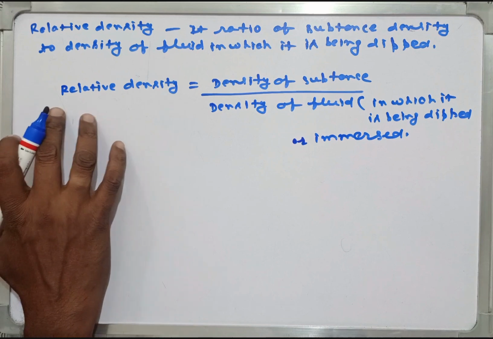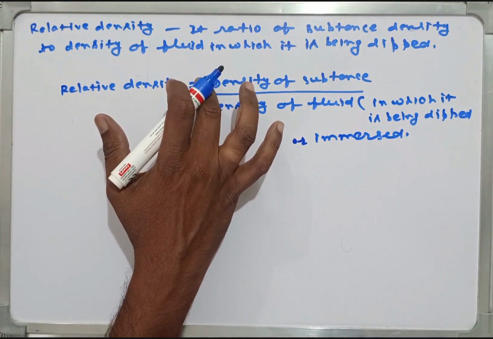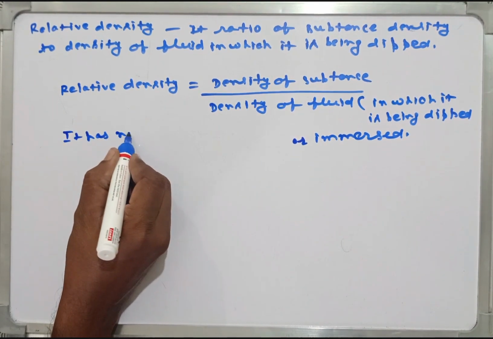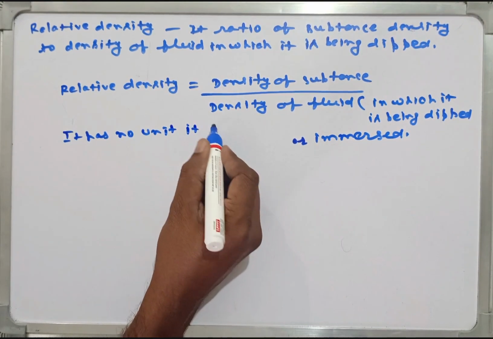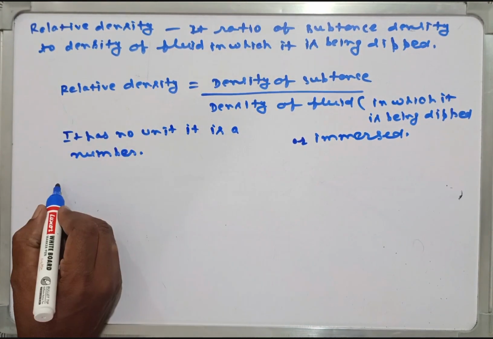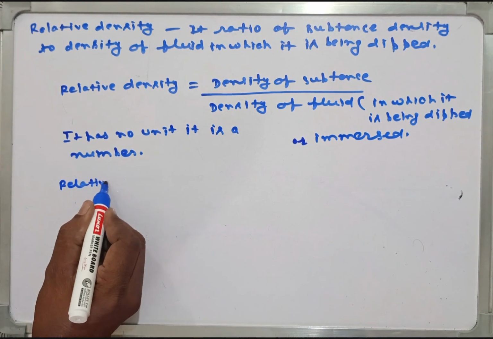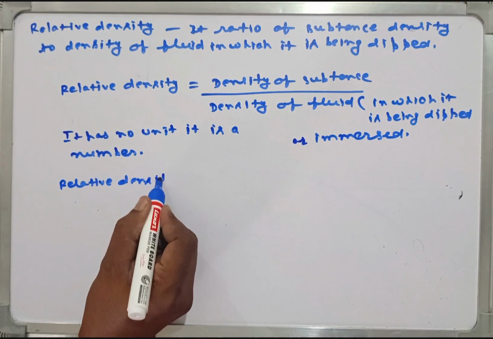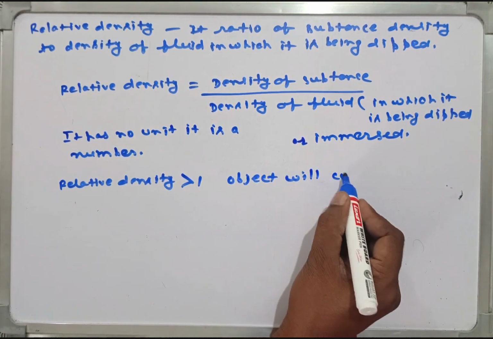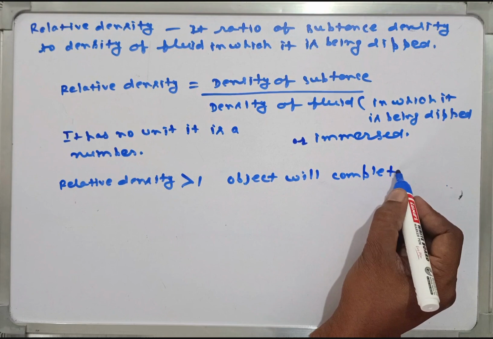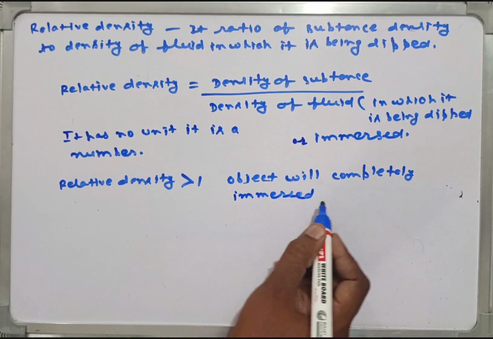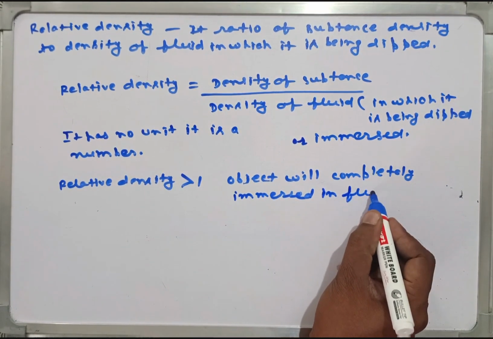Here, first you notice that relative density is a ratio of two densities, so it has no unit, it is a number. The second thing, when relative density is greater than 1, then the object will be completely immersed in the fluid.